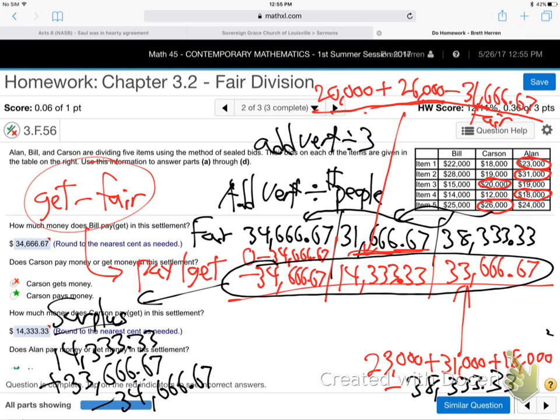So do all that, and you get the surplus. So I guess we'll do that.